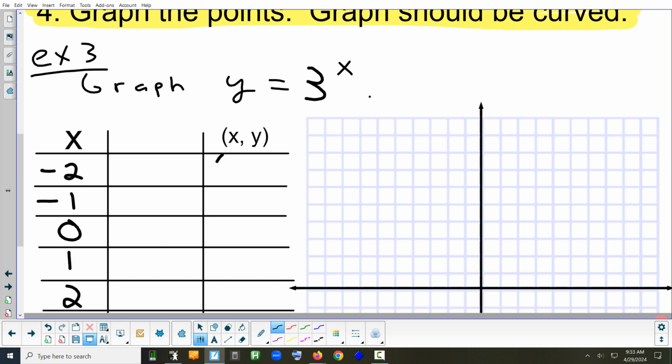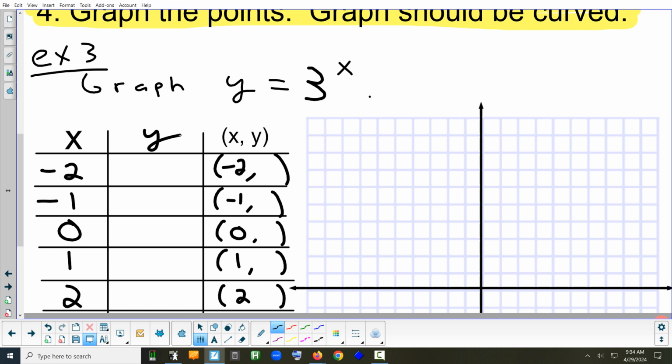So in fact, we could fill those in right now for x. -2, -1, 0, 1, 2. Now, why can't I just graph those points? What do I need to find? Y. Yeah, I need to find the y. So in case your table doesn't have that, you should have a y at the top of the second column.